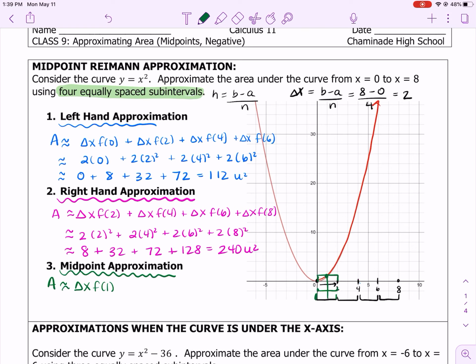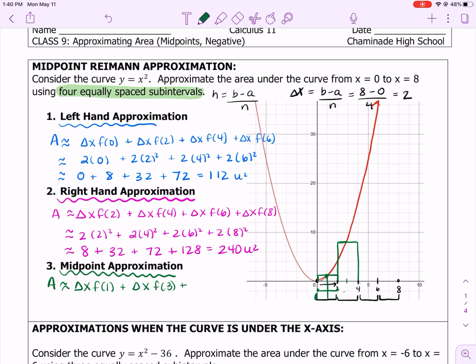If we go to the next subinterval, the midpoint between 2 and 4 is going to be 3. So again, if I'm looking at my rectangle here, part of it is above my curve, part of it is below my curve. So the next area would again be delta x times f of 3.